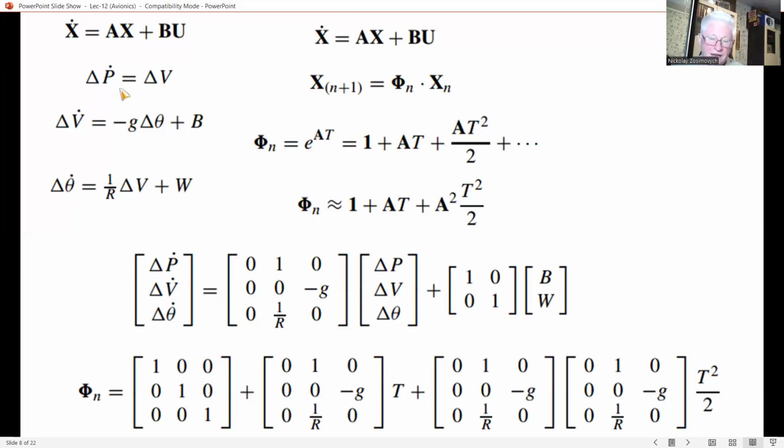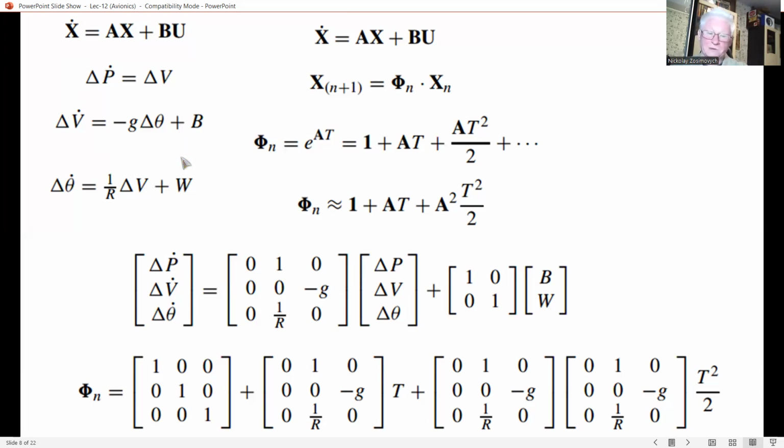Okay? So we have the position error, delta P, the velocity error, delta V, and the tilt error is delta theta. The gyro drift error is W, and the accelerometer bias error is V.